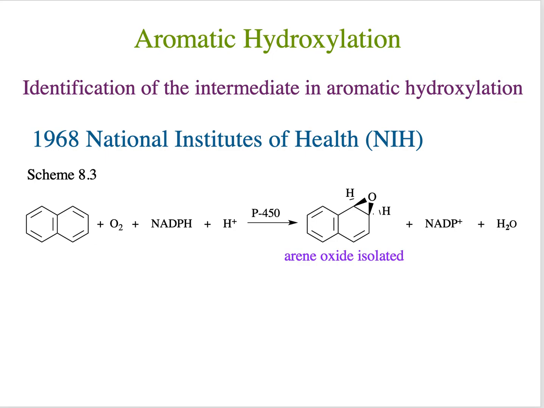Another thing that happens a lot, especially with cytochrome P450, is the formation of arene oxides, and this especially happens with electron-rich double bonds. So here in this case, we have the arene oxide that's isolated.